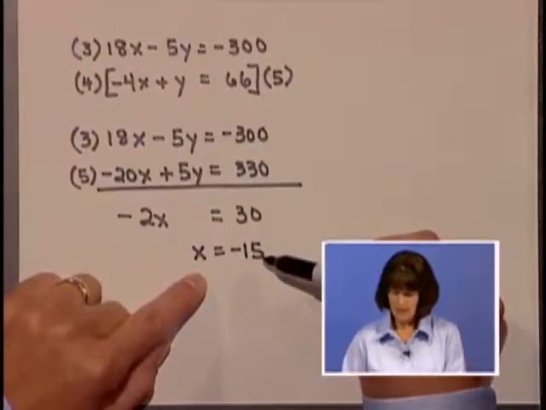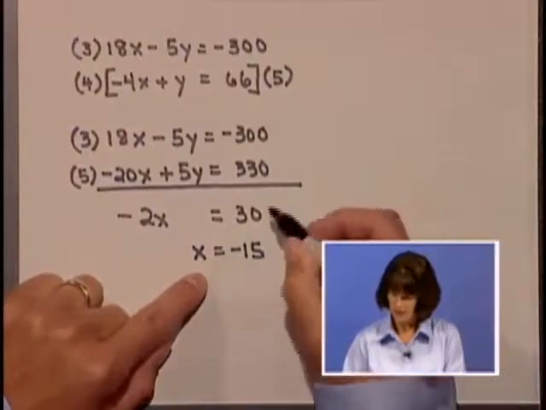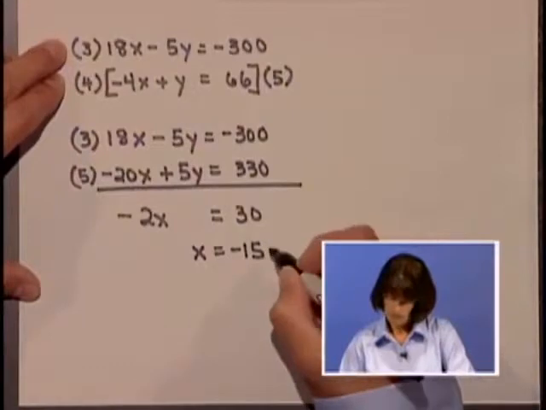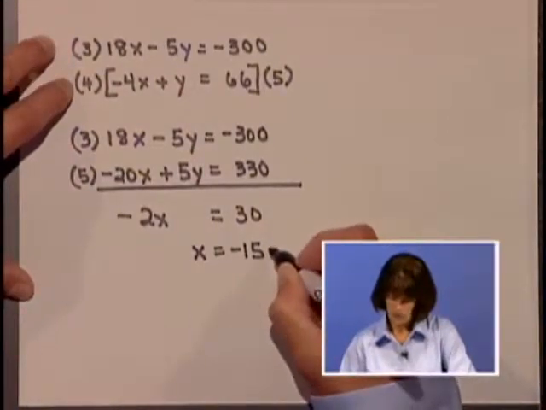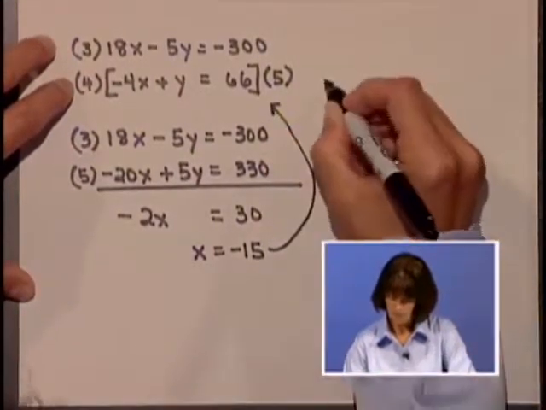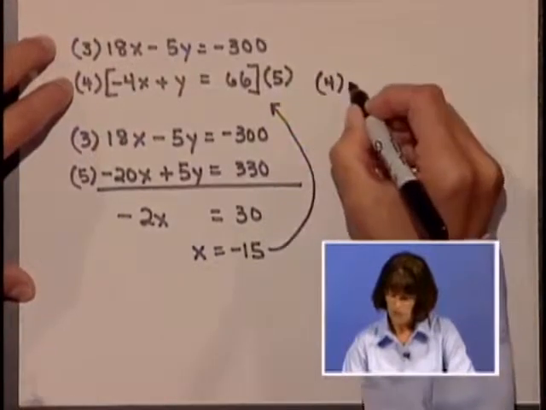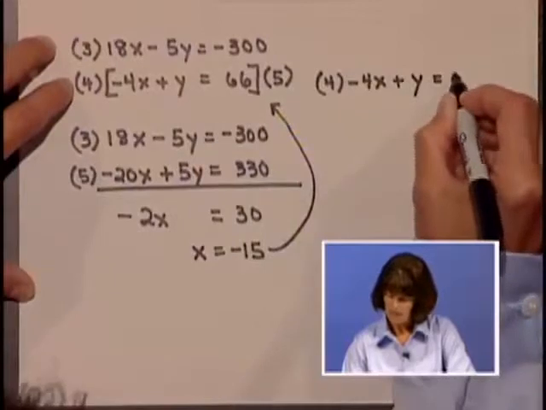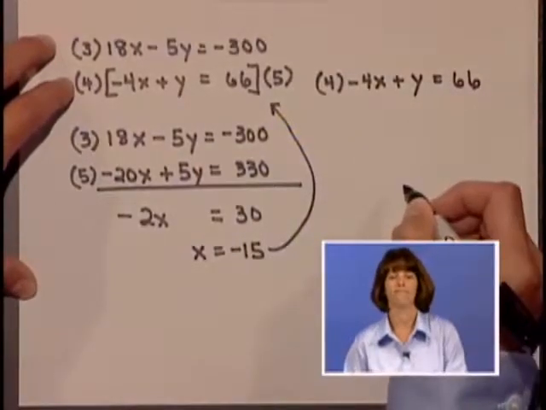Let's substitute x equal -15 into, how about equation 4. Equation 4 looks like -4x plus y is equal to 66.